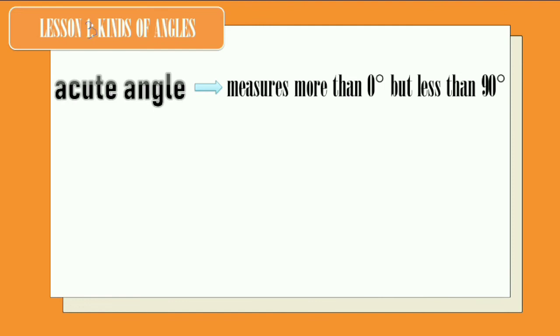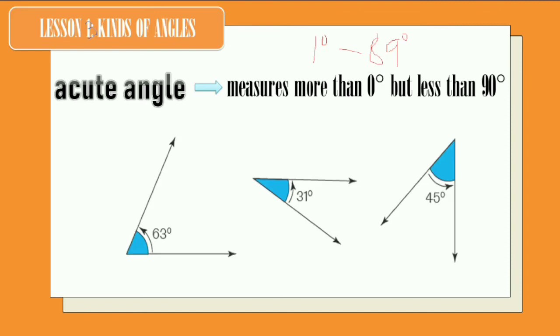So, an acute angle daw ay 1 degree up to 89 degrees, or between 0 to 90. Here are examples: 63 degrees, 31 degrees, and 45 degrees. As long as it is more than 0 but less than 90 degrees.